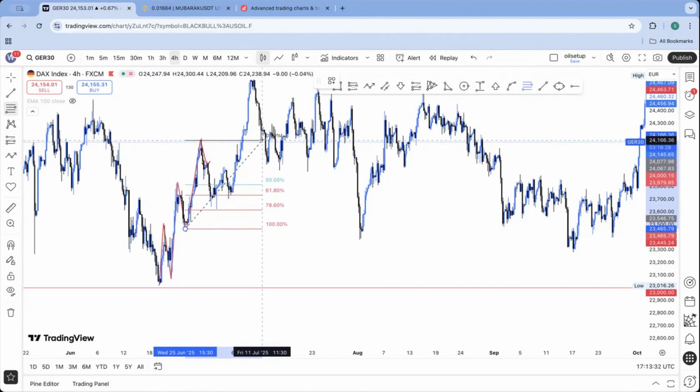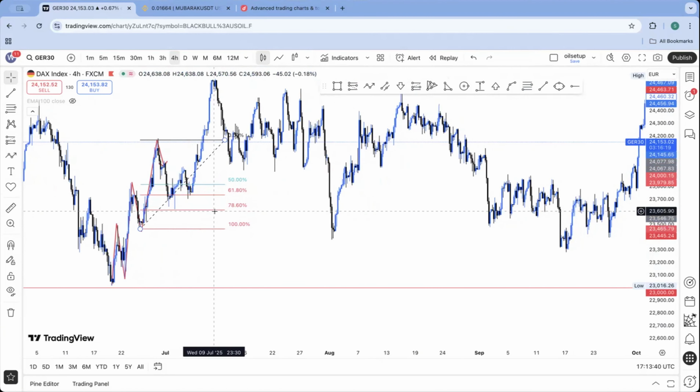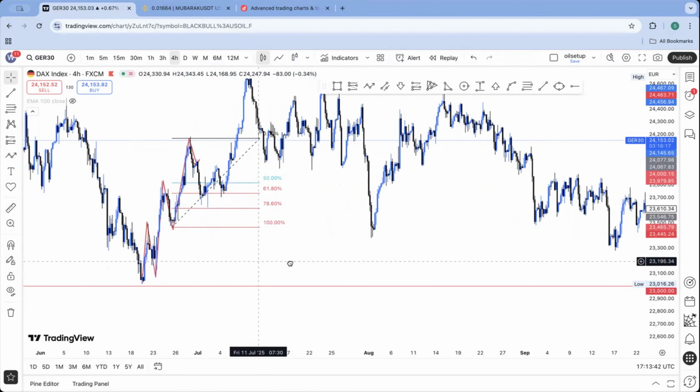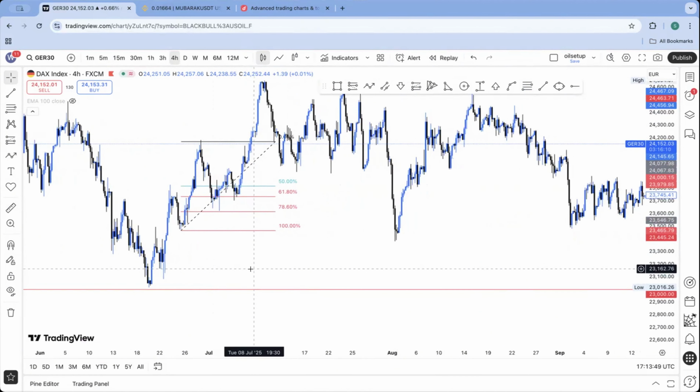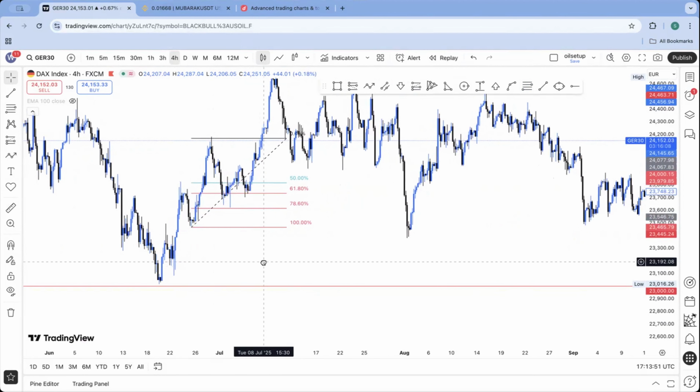We can see price coming toward the 61.8 and 78.6 region. Now we have to look at our candlestick formation and the confirmation. The formation is how our candles are forming, and the confirmation is what it is giving us.